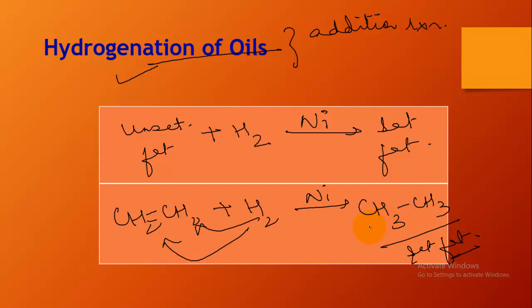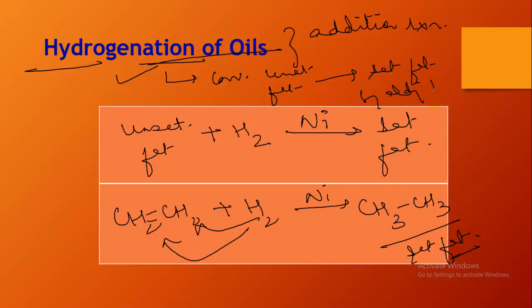Hydro means hydrogen, genation means addition of hydrogen. So you can define it as hydrogenation of oil refers to converting an unsaturated fat into a saturated fat by adding hydrogen in the presence of nickel.